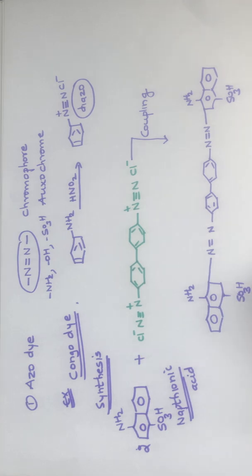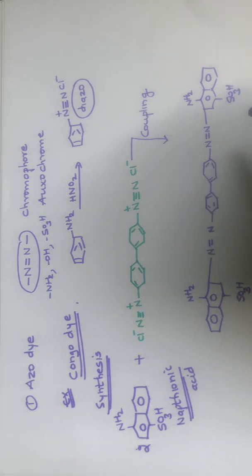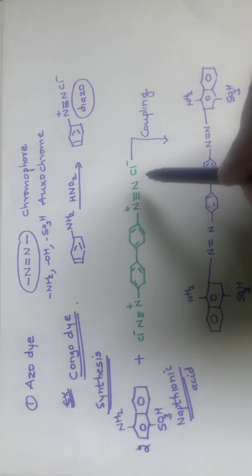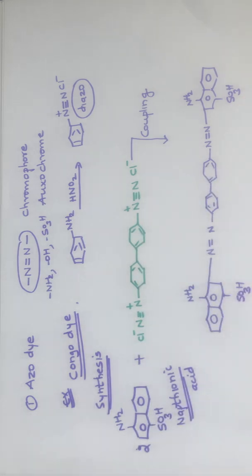This is called Congo red. So Congo red is prepared by a coupling reaction, that is, tetraazotized benzidine with naphthenic acid. This is Congo red dye.